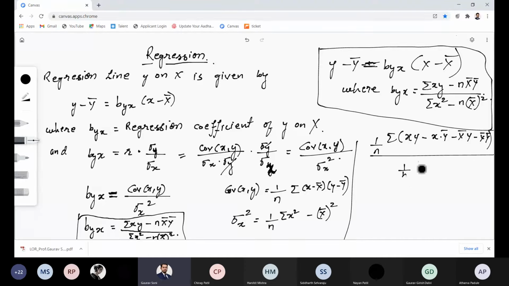And this will be as it is, 1 upon n summation x square minus x bar square. So you can open the bracket, so this will become minus 2x bar y bar, and you can get the required result. In a similar manner that we did for the correlation r of xy.